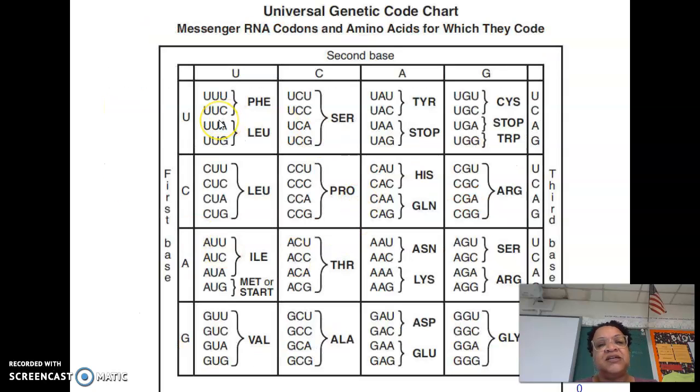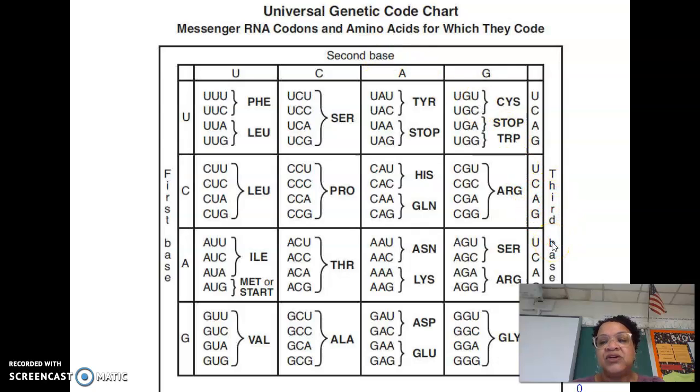So this is the universal genetic code chart. I want you to highlight, rewrite. I just want to make sure you know that this chart, you're only looking at the messenger RNA codon. So this is the first base on that messenger RNA. This is the second base, and this is the third base.